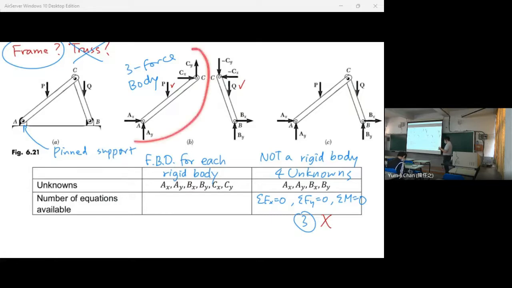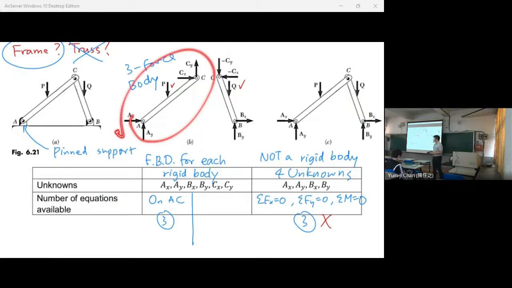Now, how many equations do we have? On AC, we have three equations: summation Fx equal to 0, summation Fy equal to 0, summation M equal to 0, for this free body diagram.